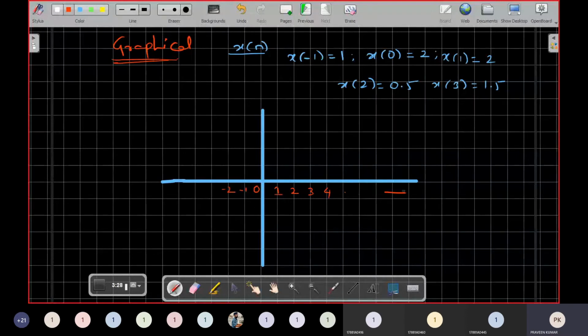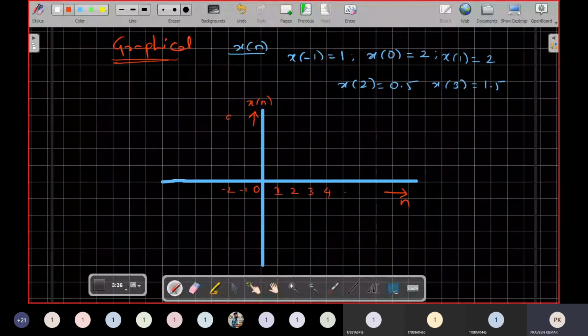The x-axis is time, which is n, and the y-axis is simply the signal x of n, that is, amplitude. Similarly, on the y-axis I am partitioning, this part is 0.5, this is 1, 1.5, and this portion is 2.